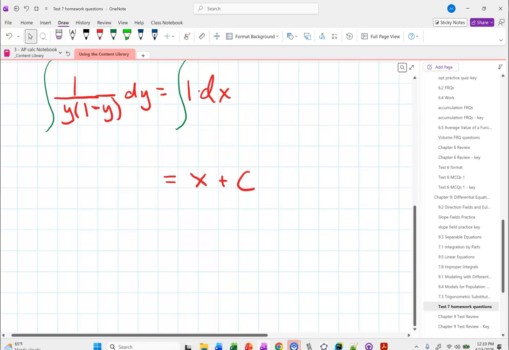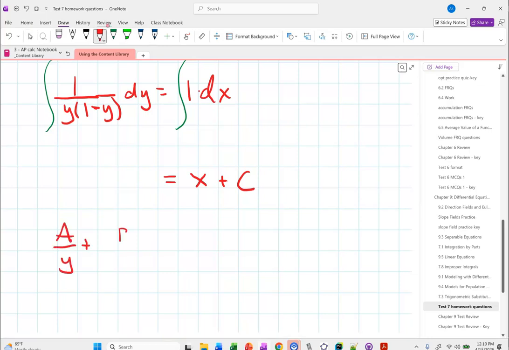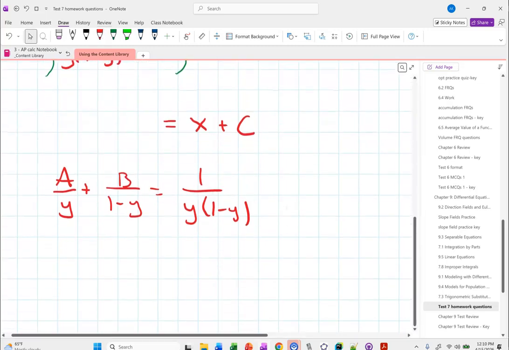So to do that, I'm going to have something over y plus something else over 1 minus y has to give me 1 over y times 1 minus y. So that's the equation that I need to solve a and b for.